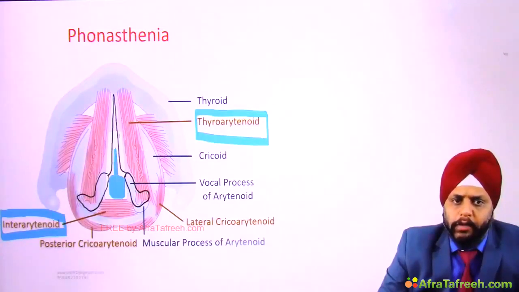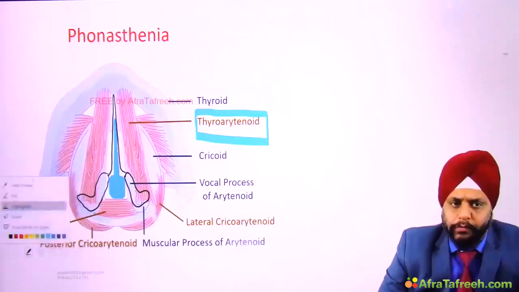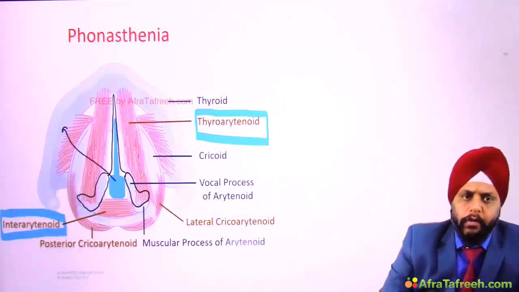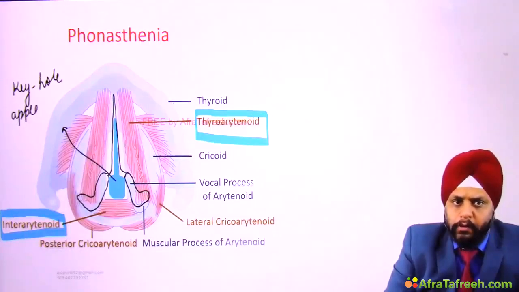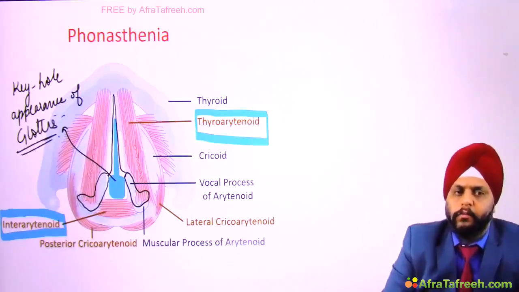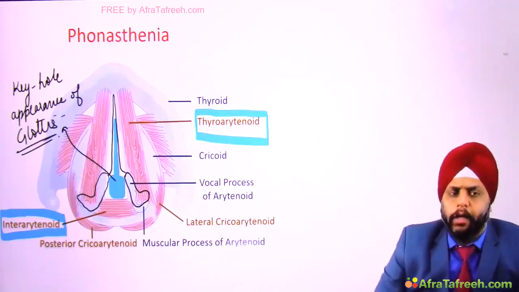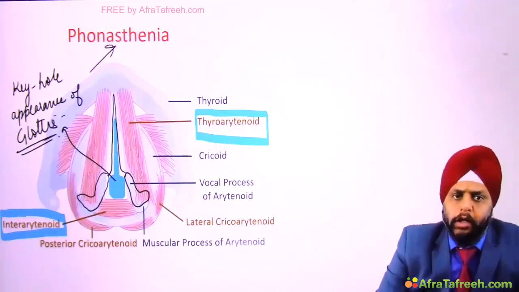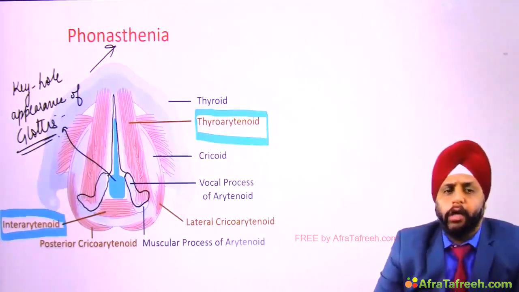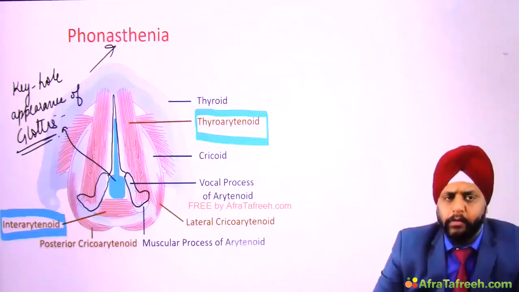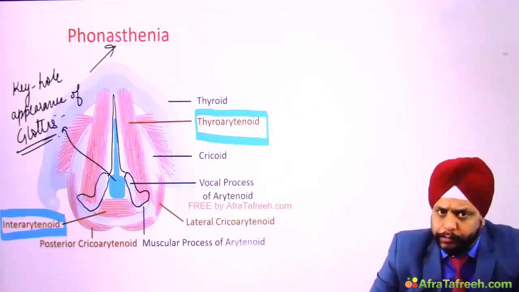There is a gap, and as I am drawing, this gap is in the shape of a keyhole. This is known as keyhole appearance of glottis, and it is seen in phonasthenia of both thyroarytenoid and interarytenoid.